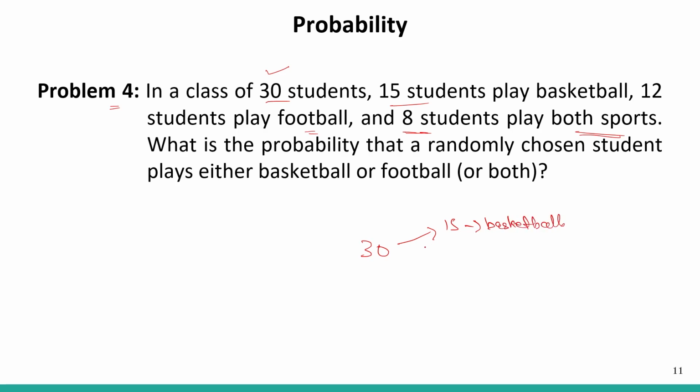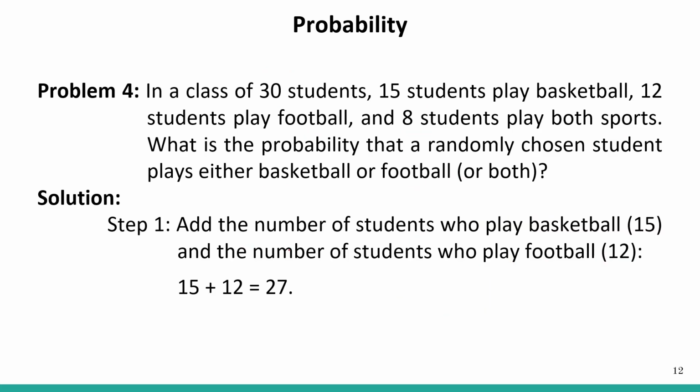What is the probability that a randomly chosen student plays either basketball or football? The total number of students is 30, out of which 15 play basketball, 12 play football, and 8 play both. What is the probability that a randomly chosen student plays either basketball or football, or both?